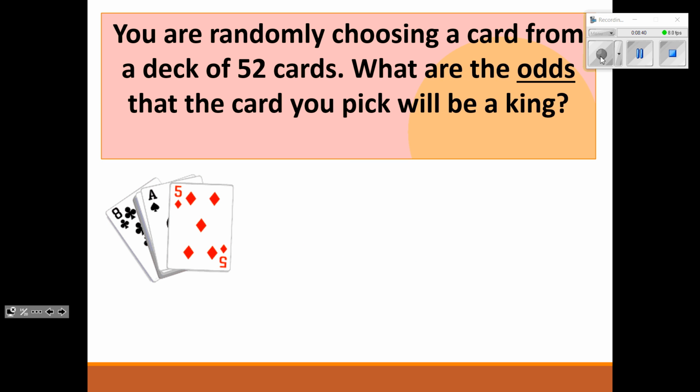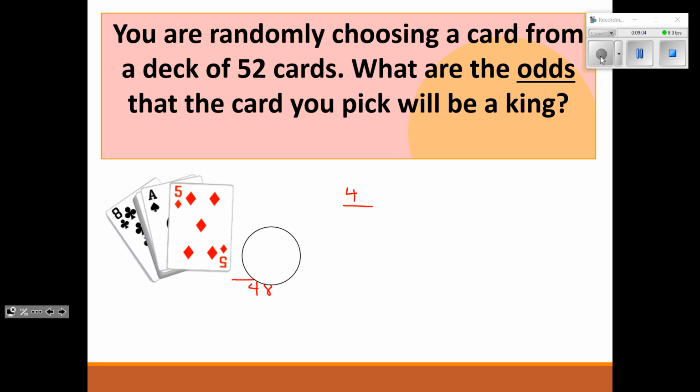You're randomly choosing a card from a deck of 52 cards. What are the odds, not probability, you have to be careful reading, what are the odds that the card you pick will be a king? Well, how many kings are there in a deck? There are 4. How many of the cards are not kings? We would have to go 52 minus 4, and that would be 48.